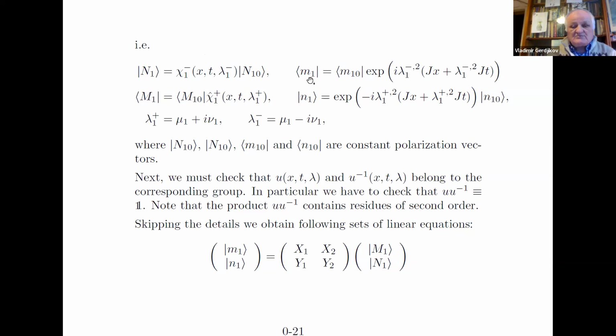M1 must be M1 0, a constant row multiplied by this exponential. This we know.